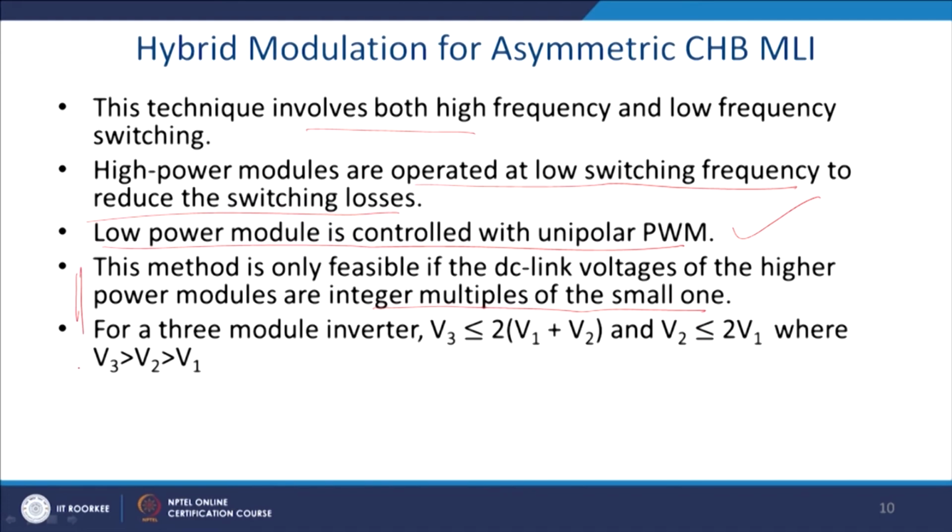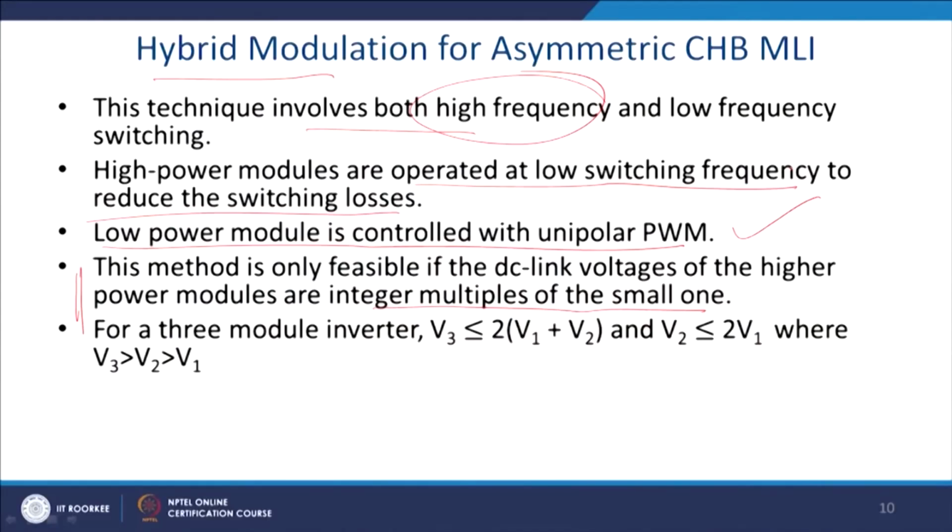This is another strategy. This one is called hybrid modulation asymmetric cascade H bridge multi-level inverter. In these techniques, you have a combination of both high switching frequency and low switching frequency. The power module operated at the low switching frequency, because you can have a combination of maybe GTO and IGBT.